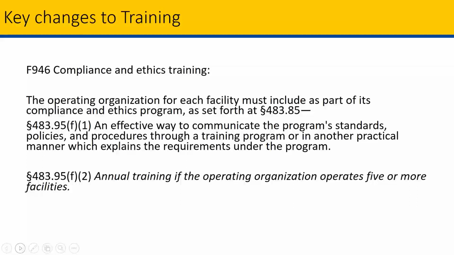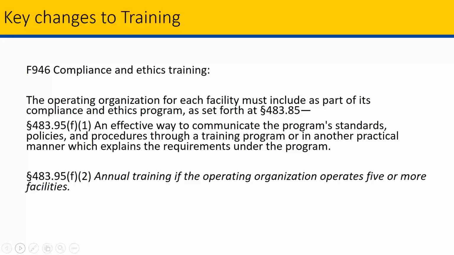F946, compliance and ethics training. The operating organization, the individual or entity that operates a facility, for each facility must provide a training program or another practical manner to effectively communicate the standards, policies, and procedures of the compliance and ethics program to its entire staff.